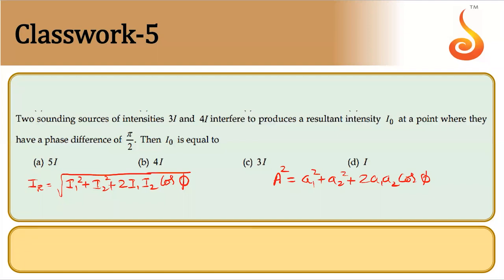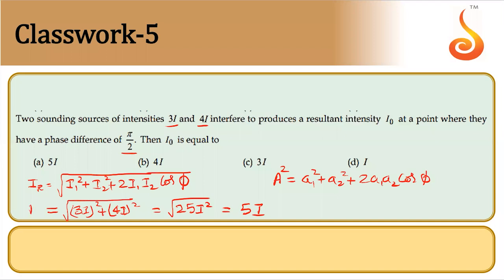So it is just like adding two vectors. Now I1 is 3I, I2 is 4I. Phase difference is pi by 2, cos pi by 2 is 0. So it will reduce to root of 3I square plus 4I square. That will be 9I square plus 16I square, that is root of 25I square, which is equal to 5I.